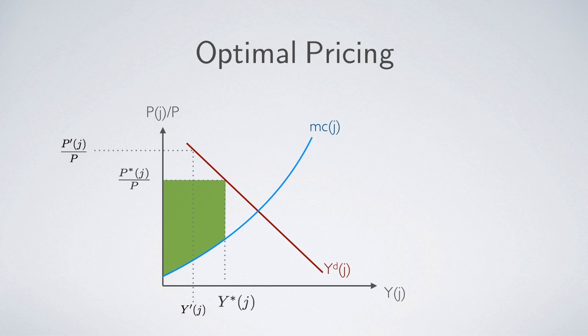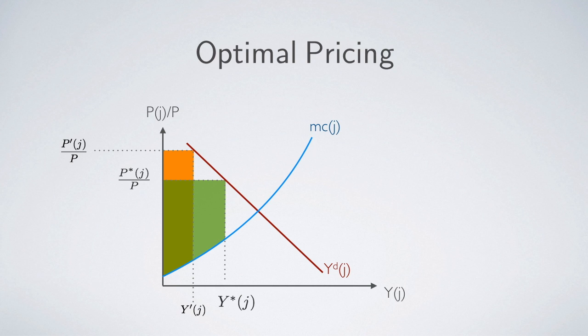With that price and the lower output, the total profit the firm can get would be this orange area. Now we need to compare the profit area of the green one and the orange one, so we can number them.